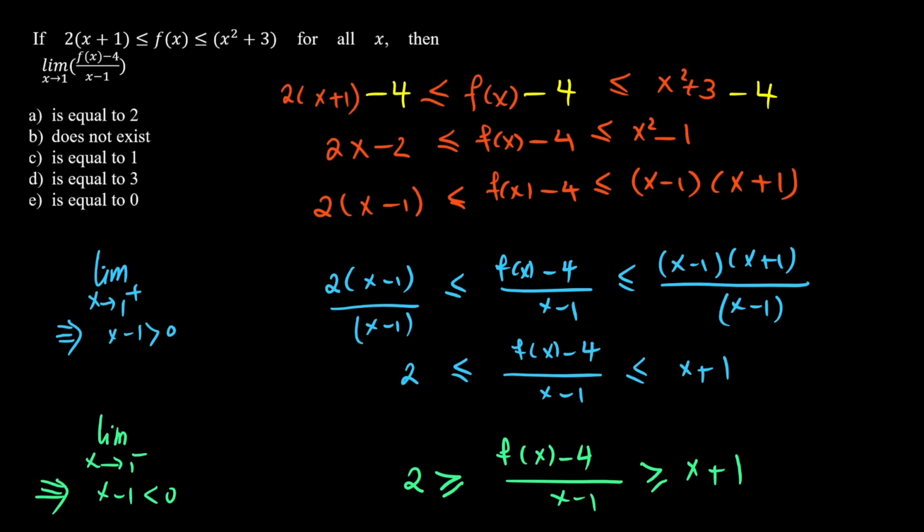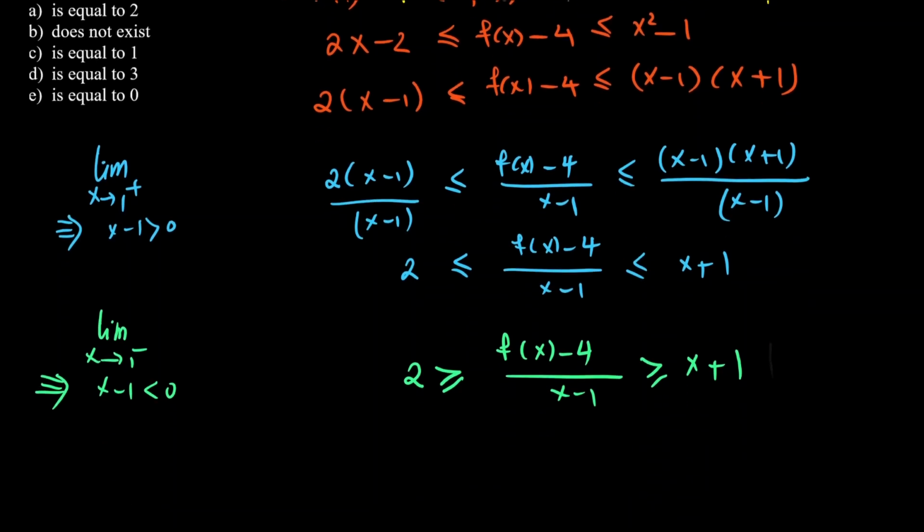Now, if I take the other limit, which is the limit as x goes to 1 from the left, then I know for sure that x minus 1 has to be less than 0 because x is less than 1, and therefore I need to change the direction of the inequalities here.